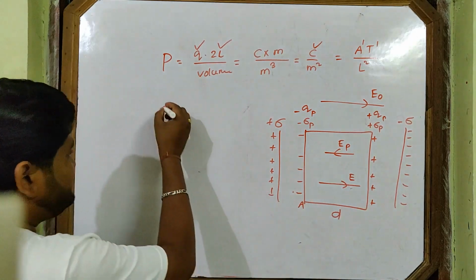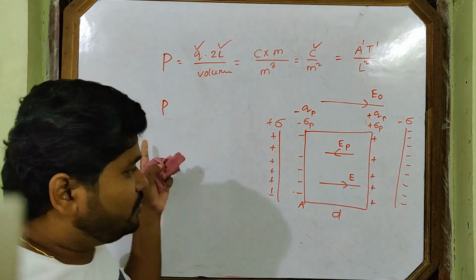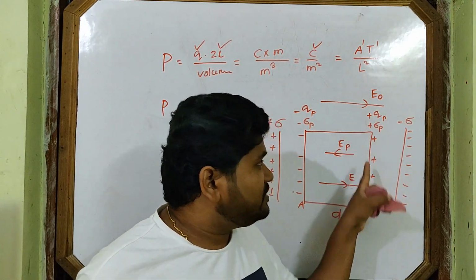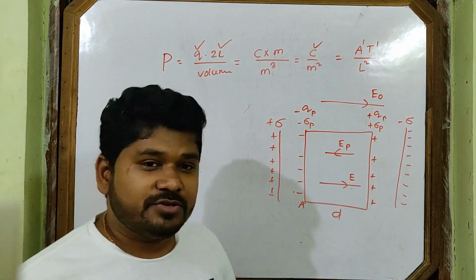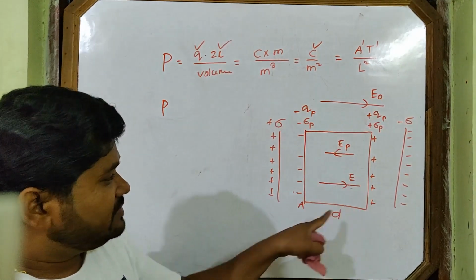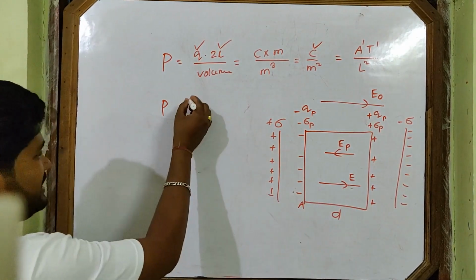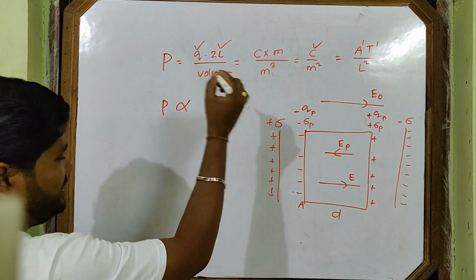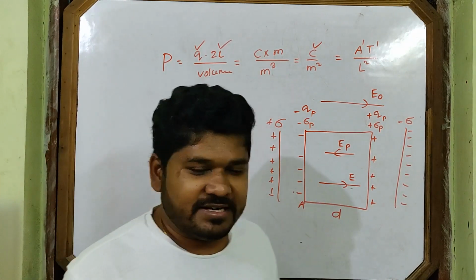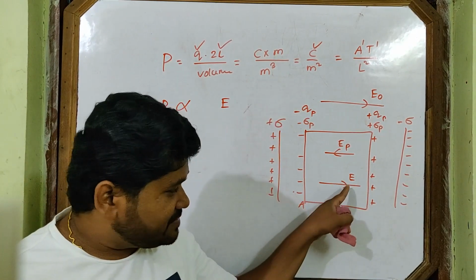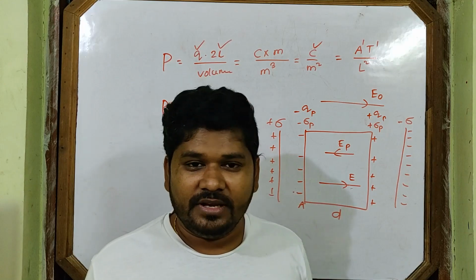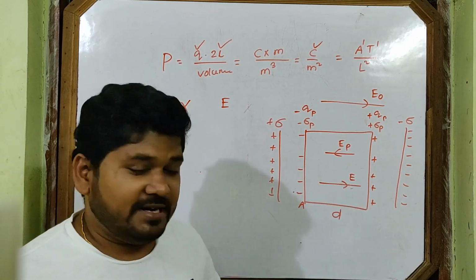But this polarization P will be more if the electric field is more. If this electric field is more, then this is also more. So P is directly proportional to the electric field inside the dielectric. Remember, its direction is not this one. It is the electric field inside the dielectric.